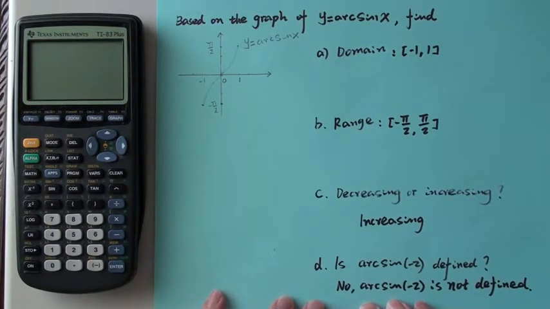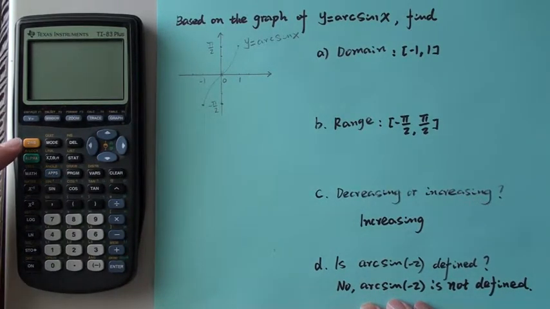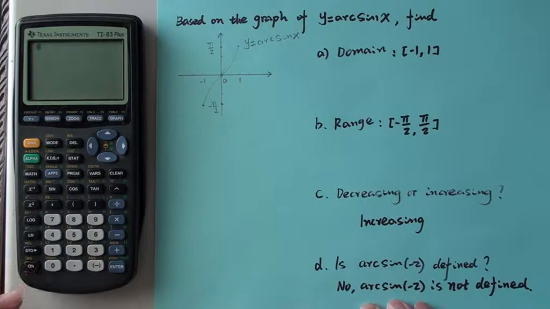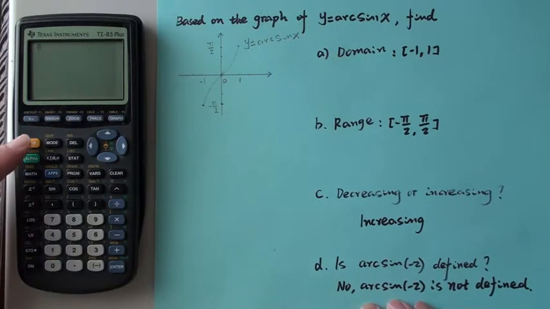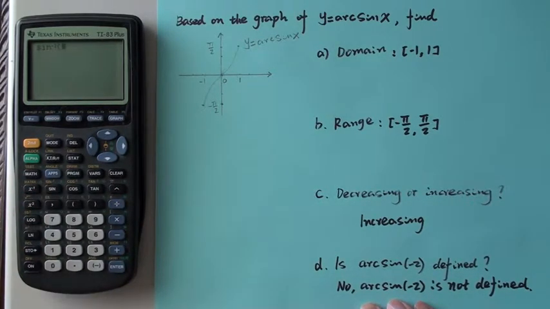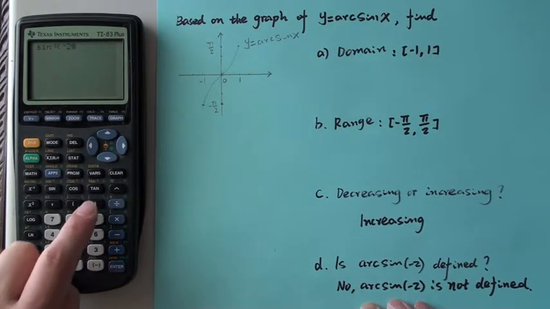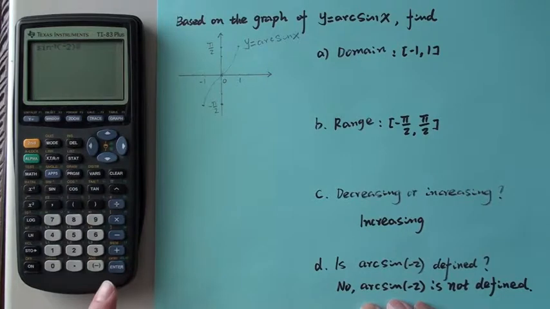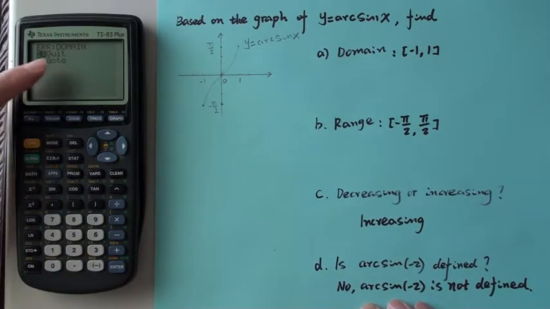On the calculator, you may turn on your calculator, and then if you do sine inverse, that's arcsine. If you put -2 there, close parentheses, and then if you hit enter, you will get a mistake. It will say error domain.